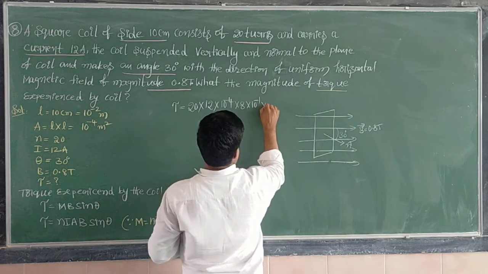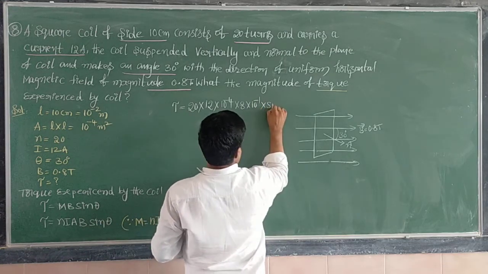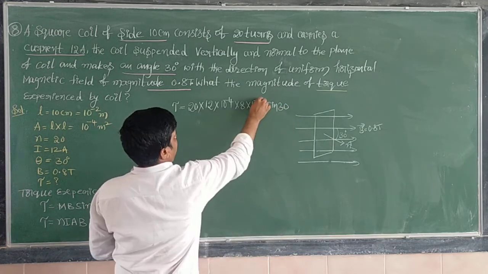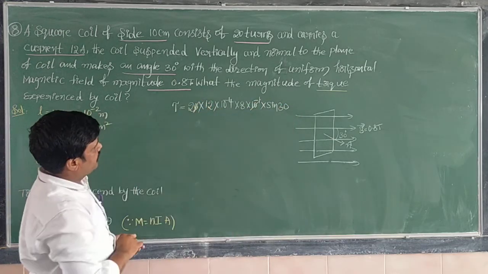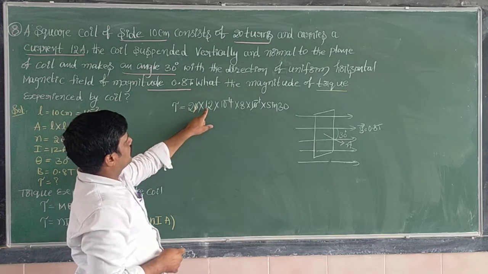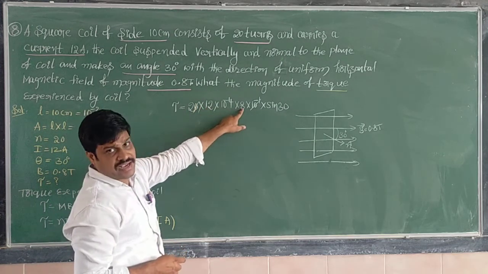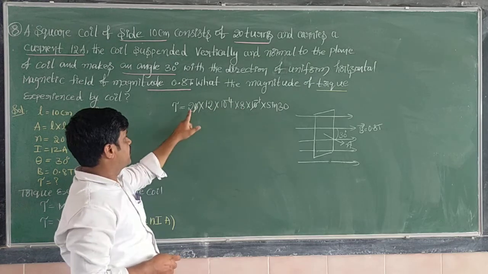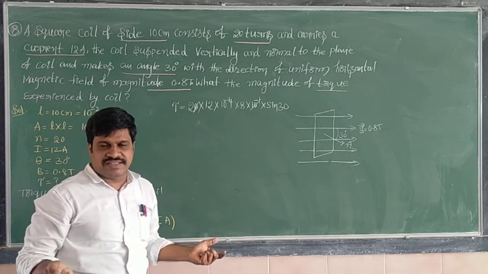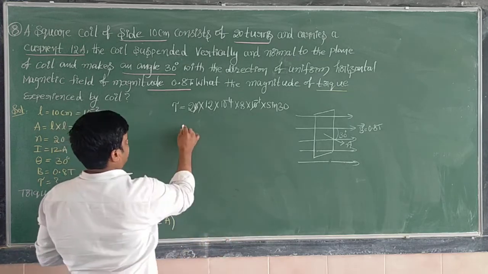Next, into sine 30 degree. Fine, 10 power minus 1 and this 0 cancel. Thereafter, 12 8s are 96 into 2, 96 into 2 is almost 2. How much can we get?